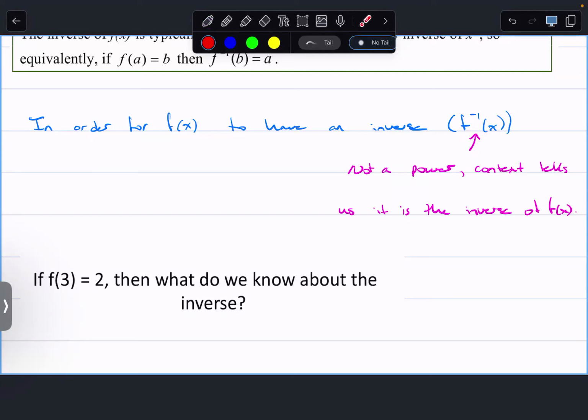When it's on the f, then it means that it's the inverse. So continuing this thought, in order for f of x to have an inverse, the inverse of f of x must be one-to-one.